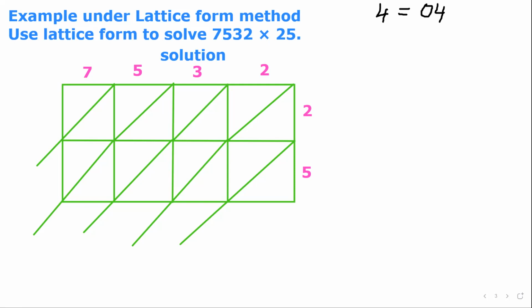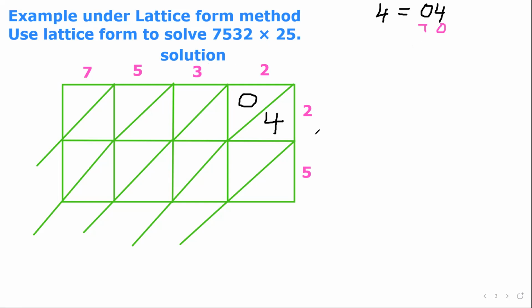So here is the ones position, and then the tens. Okay, here is the tens and here is the ones. Okay, good. So you're going to record these numbers here. Here the 4, the tens is 0, the ones is 4. Okay, good.